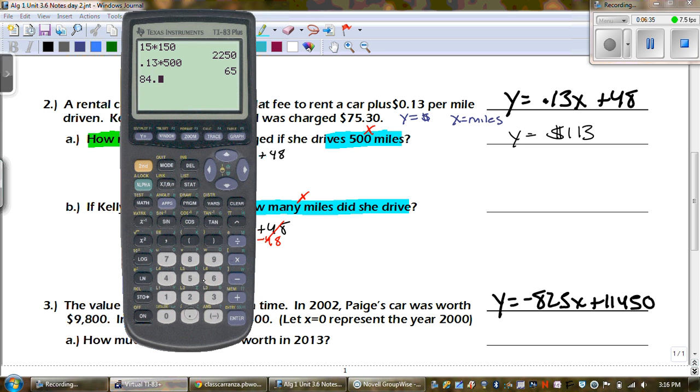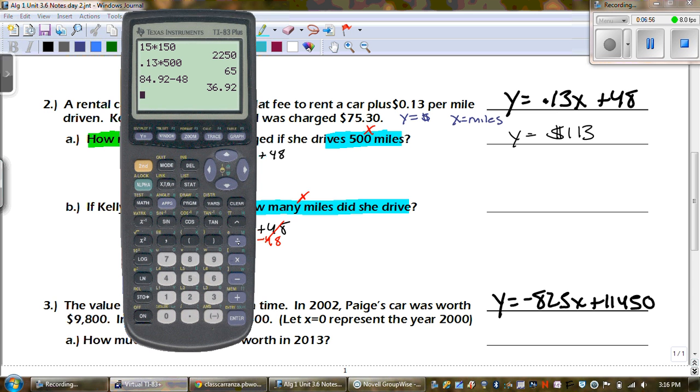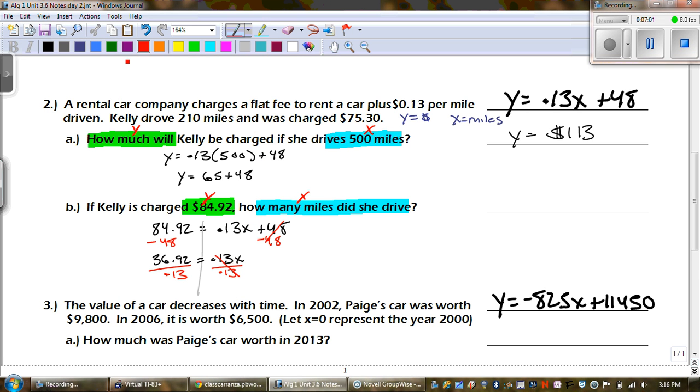I don't know what 84.92 minus 48 is off the top of my head. 36.92. And the last step would be to divide by 0.13. We get our answer that x equals 248. 248 what? What were we looking for? Yeah, miles.